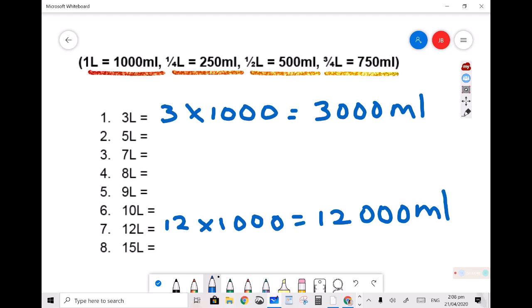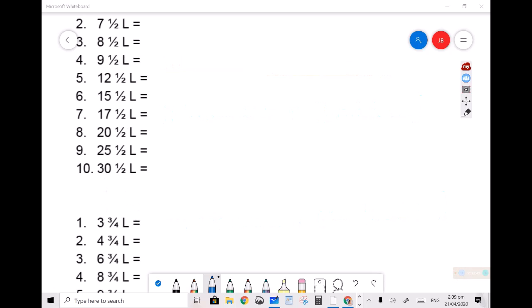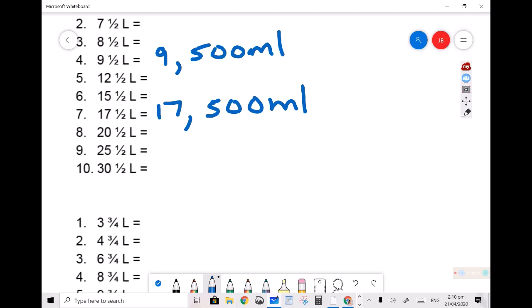We would also look at the mixed numbers. If we look at the halves, for number 4, 9.5 liters would be 9,500 milliliters. 17.5 would be 17,500 milliliters.